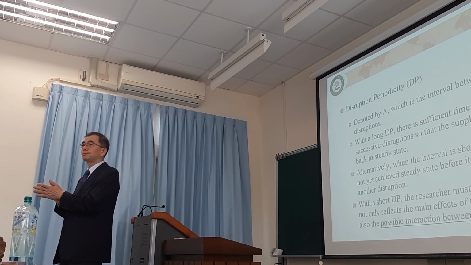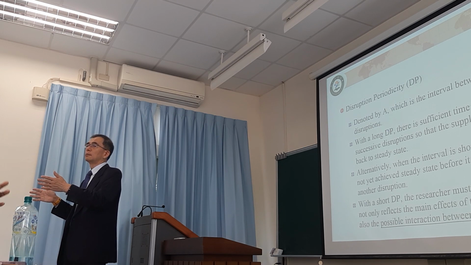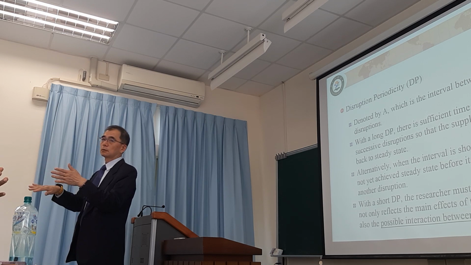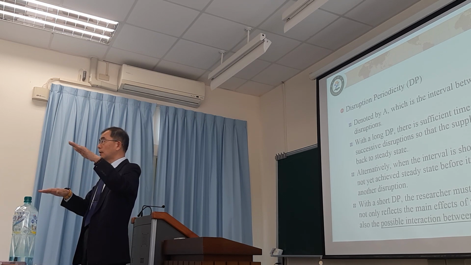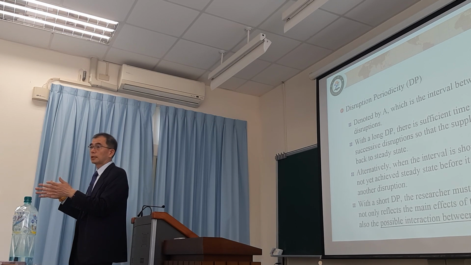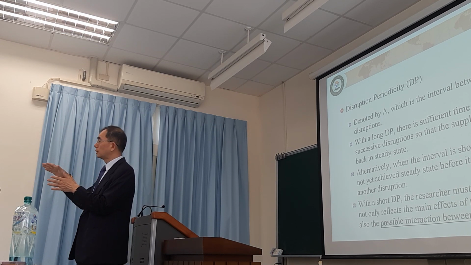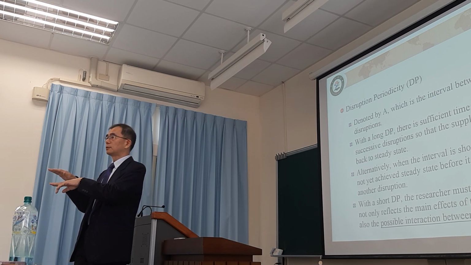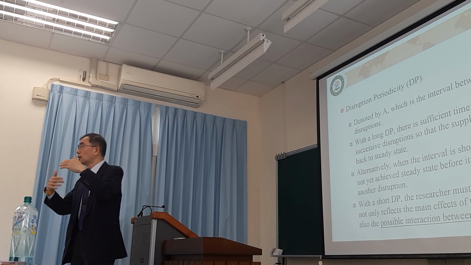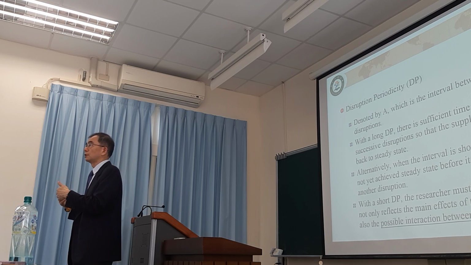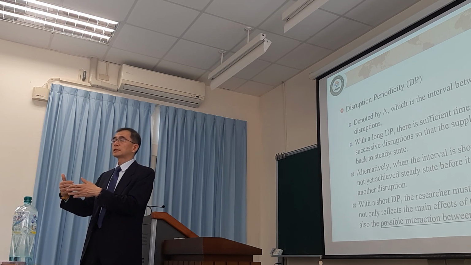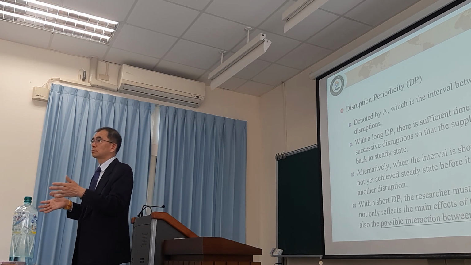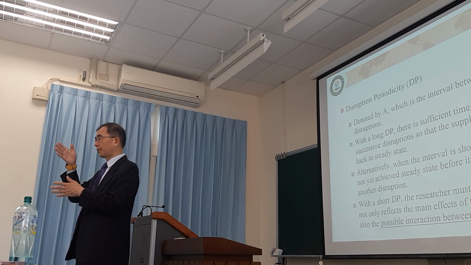Sometimes the duration of the event is longer, so there will be one impact and then back to normal, and then the other event will come. Sometimes it's too close, so the previous one is not back to the normal situation yet when the other event comes again, and they will accumulate. For example, traffic congestion: the traffic signal goes from red to green and the queue goes through.